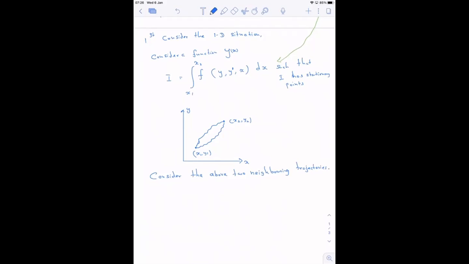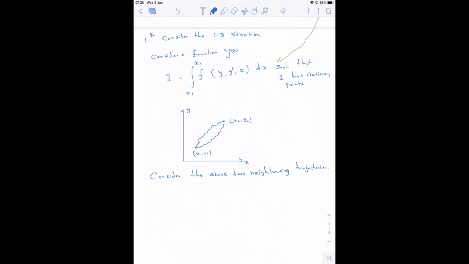Right, so I'm going to consider these two trajectories and show how I can change from one trajectory to the other one. What is the connection between these two? So what I can do is parameterize the function to show how I can change from one curve to the other curve.